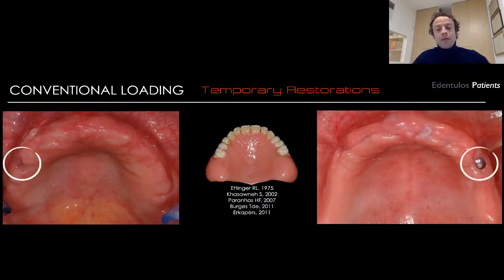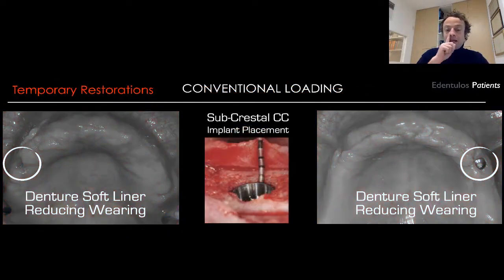But when we submerge the implant and we place a denture on the top of the mucosa, what happens? Sometimes the compression of the denture can create fenestrations, can create adhesions like this. So every single time that I have to place a denture on the top of my implants in the full edentulous patient, my recommendation is to use a soft liner to reduce the wearing, so create something really soft in contact with the soft tissue.